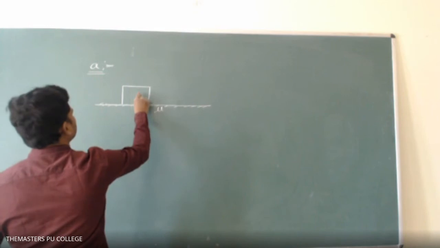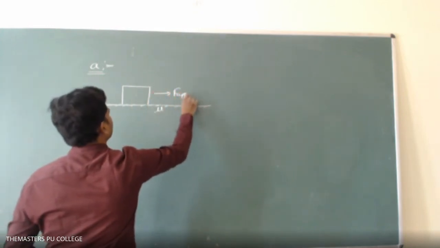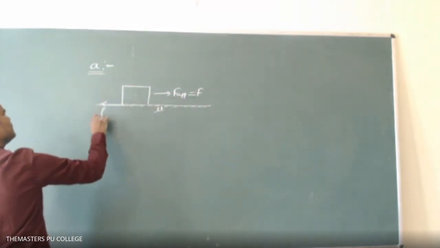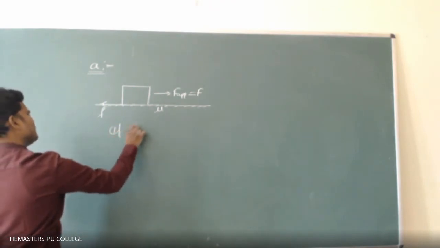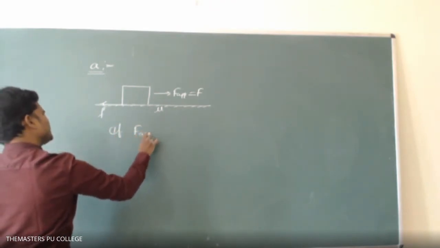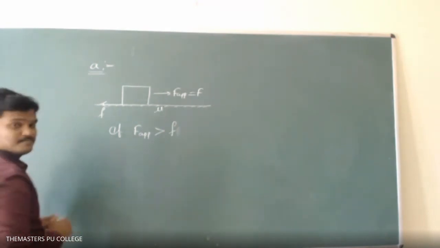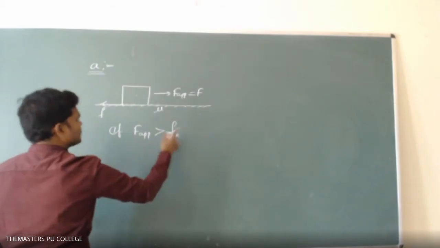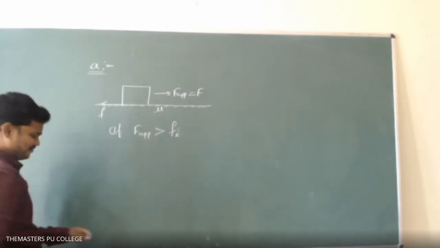When it moves, the applied force, F applied, is acting on one side, and friction is acting on the left side. Tell me, if F applied is greater than Fk, because it is moving, that is the frictional force.